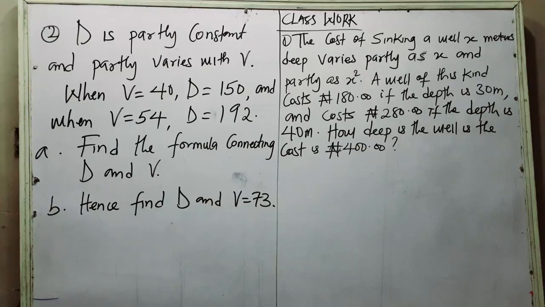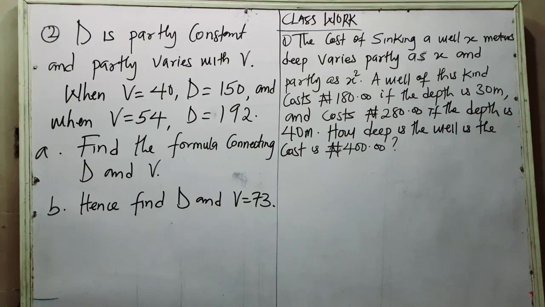A well of this kind costs 180 naira if the depth is 30 meters, and costs 280 naira if the depth is 40 meters. How deep is the well if the cost is 400 naira?